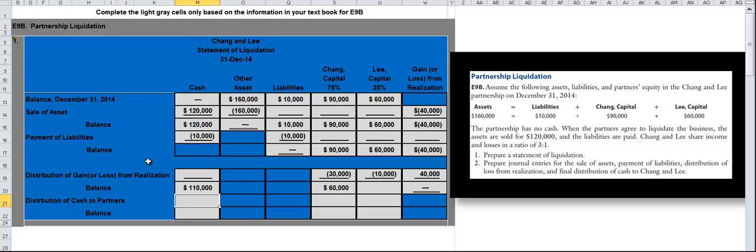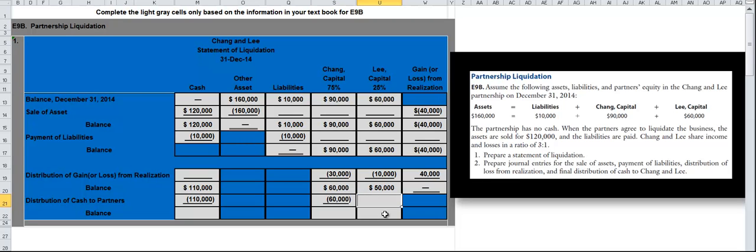So we're going to take all of our $110,000 in cash and distribute it. So we'll subtract out. And so Chang's going to get $60,000, so we'll decrease his capital account by $60,000.